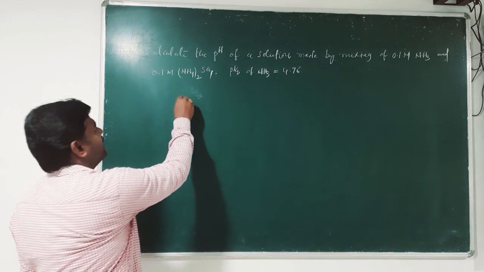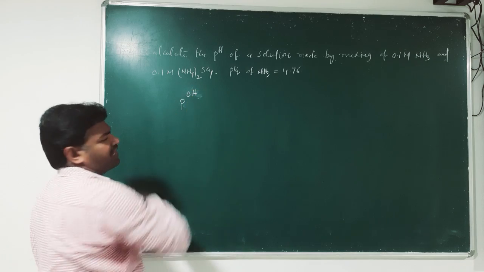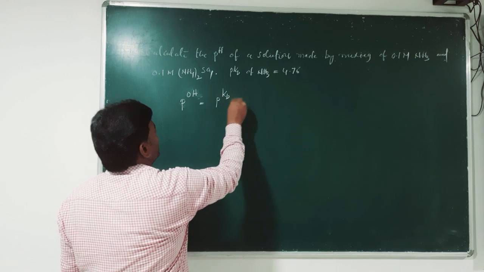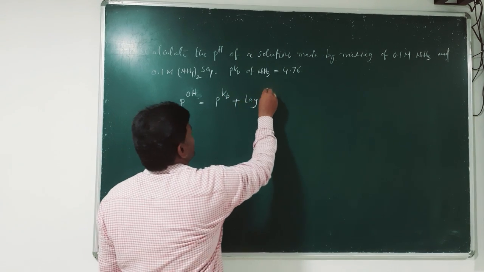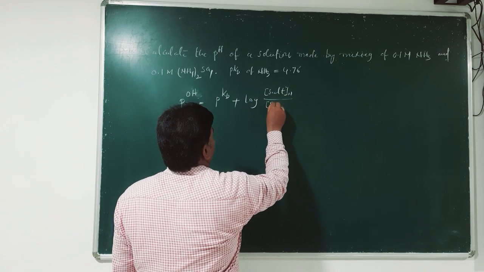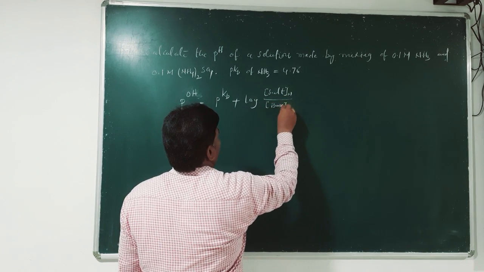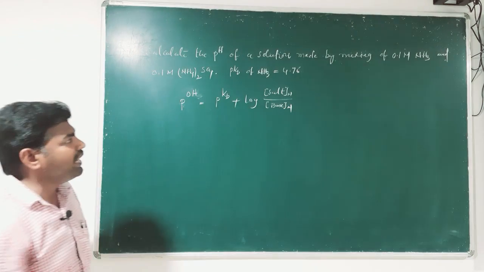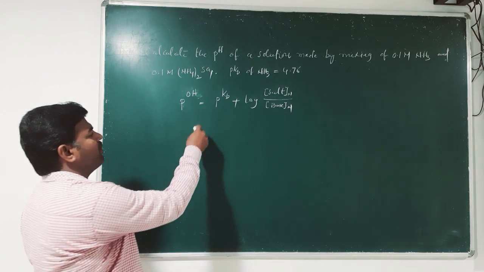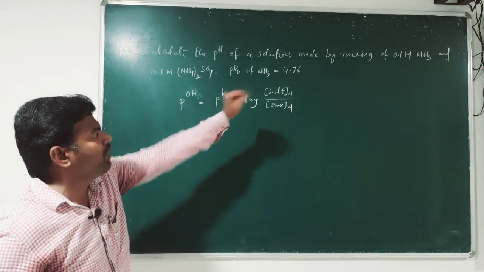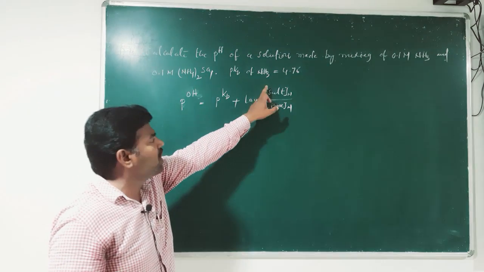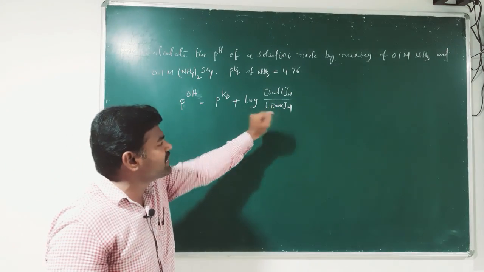So we shall write the formula: pOH is equal to pKb plus log of concentration of salt by concentration of base. They have already given the pKb of ammonia as 4.76, and what we require is the concentration of salt and the concentration of base.